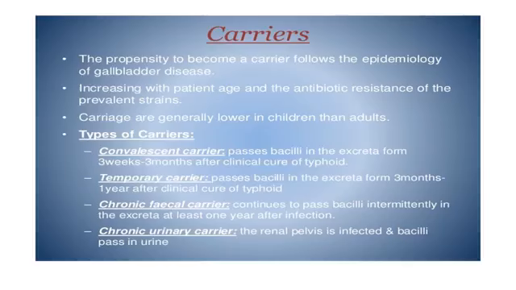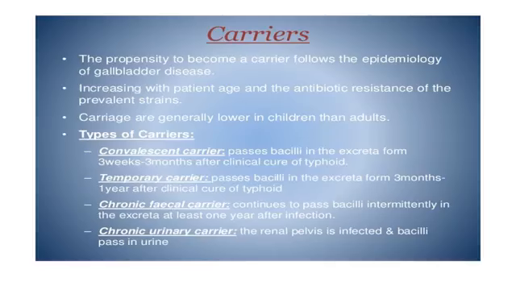Chronic fecal carriers continue to pass bacilli intermittently in the excreta at least 1 year after the infection. So what is the difference between temporary carrier and chronic fecal carrier? The chronic fecal carriers pass their bacilli intermittently in the excreta, while temporary carriers pass the excreta continuously from 3 months to 1 year after the clinical cure of typhoid.